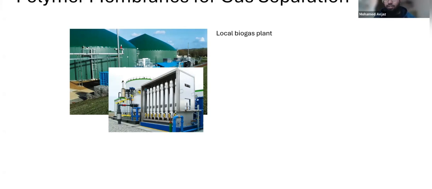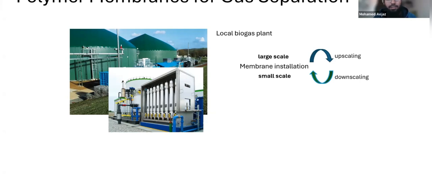You could remove them once they are used, and then you could remount them. So you are downscaling a big recycling or biogas plant down to some number of modules that are very efficient in doing the same process, right? So you go from a large scale to a small scale when you install a membrane, and then you could upscale or downscale the process as you want.